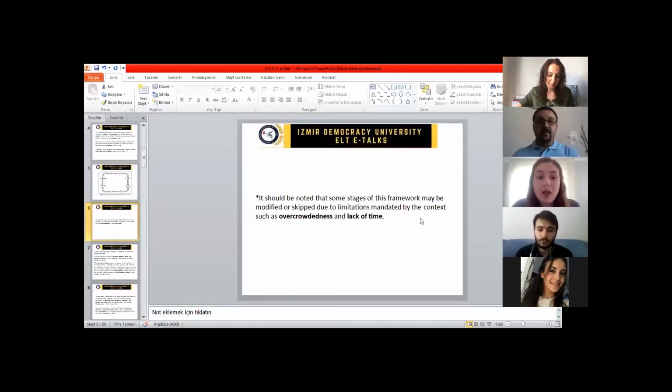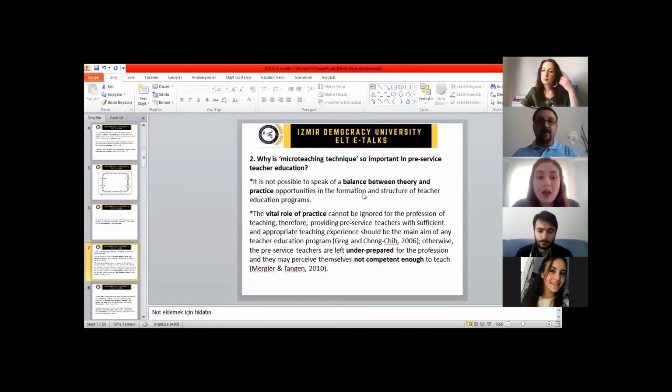Then what is the importance of the micro-teaching technique? We cannot speak of a balance between theory and practice in our ELT curriculums. I don't know if you would agree, but most of the time we instill theoretical knowledge into our students, but they do not have enough opportunity to put the theory into practice.